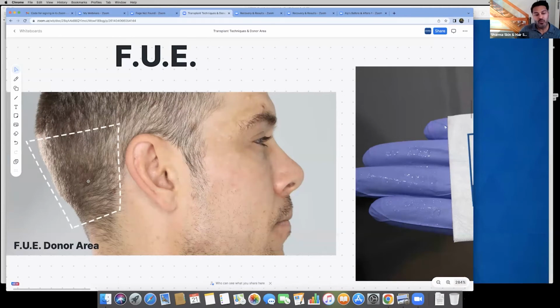And depending upon what procedure you do, how many grafts we need, and the pre-existing density that you were born with, that's what will dictate how thin or patchy the back will look. And we'll talk more about this because for myself, just a personal take, it's very important that the back looks good as well. Now, there's no free lunch. If you're going to take grafts from somewhere, it is going to look a little bit thinner or sometimes moderately thinner. So it's important to really know what you're getting into.